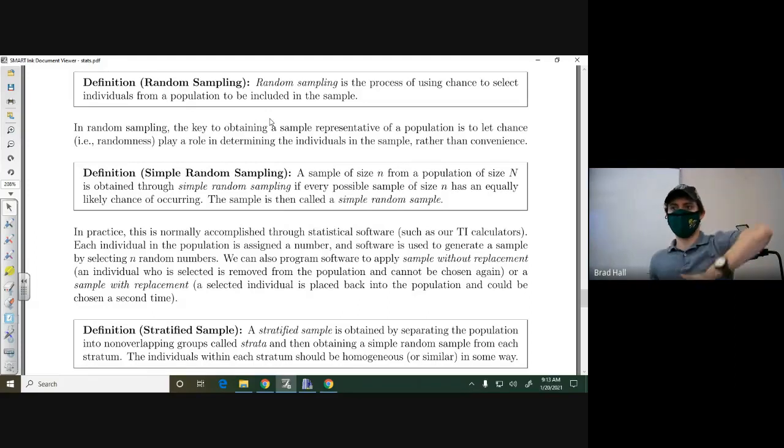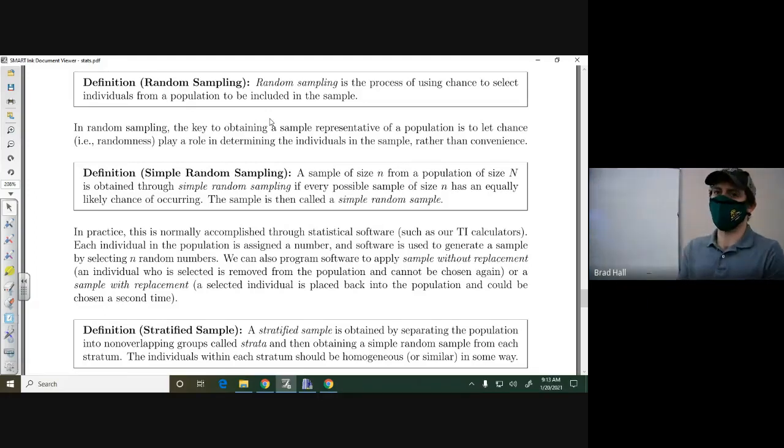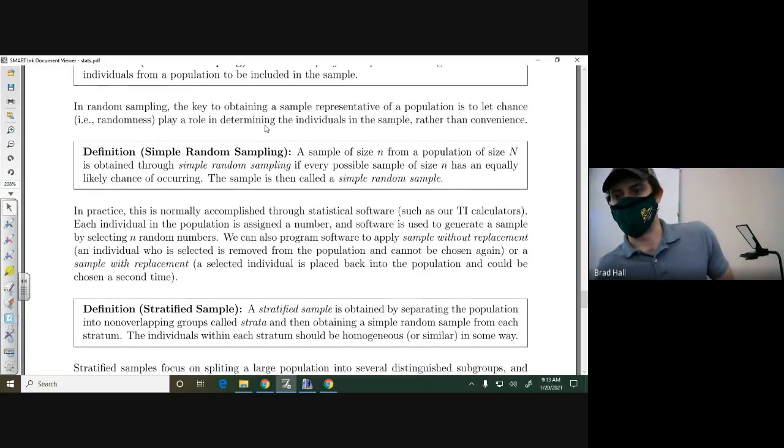So you make a list of everybody in the population, and every person is assigned a number, and then you use technology to randomly choose however many people you want in your sample. So if there were 30 people, you would use technology to generate 5 random numbers. And those numbers would correspond to the people or the objects in your population. So that's how simple random sampling is done in practice.